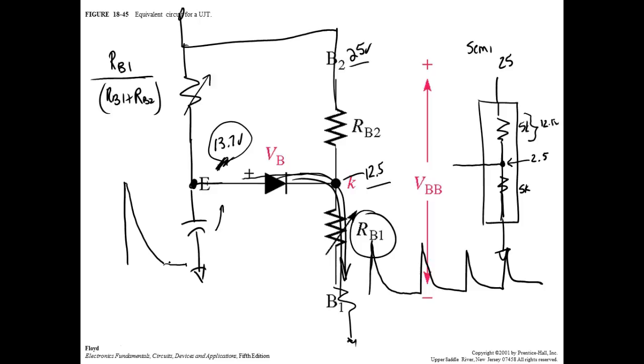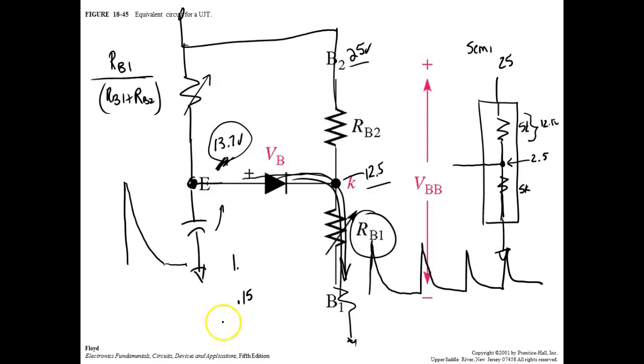So what I can do is multiply that standoff ratio times my applied voltage, and that would tell me where this thing's going to fire, plus 0.7. Why? So let's say it had an intrinsic standoff ratio of 0.15. Then I say, okay, where's this thing going to fire?